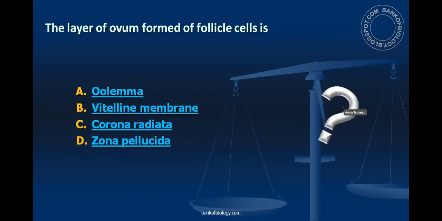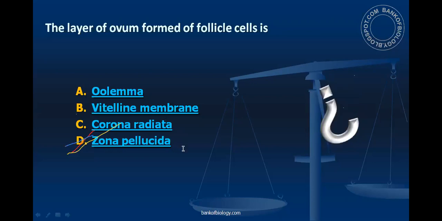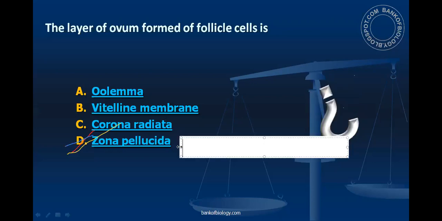The layer of the ovum formed of follicle cells is. Yeah, I think most confusion will come here because there is not much clarity in NCERT. Zona pellucida is a glycoprotein layer.